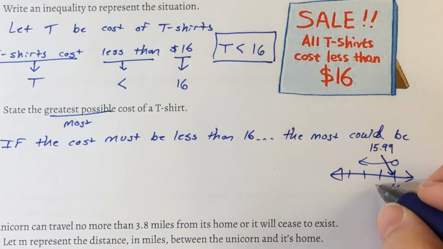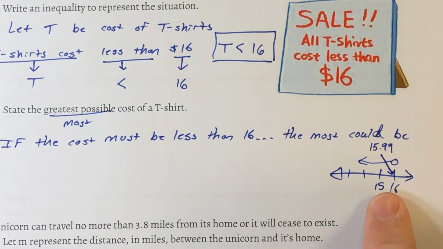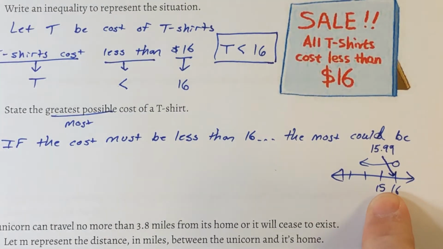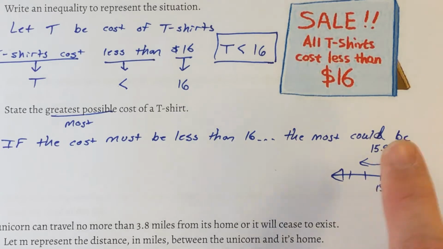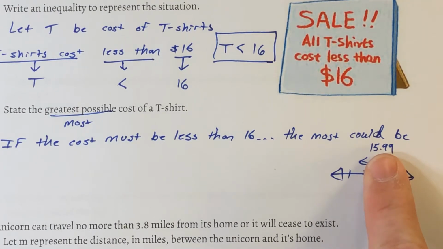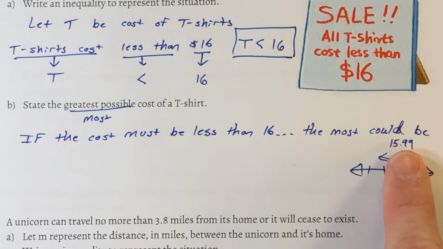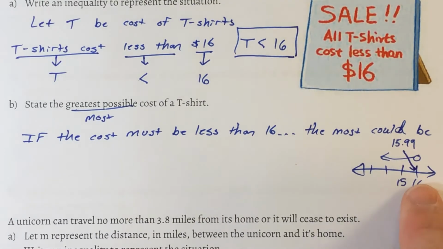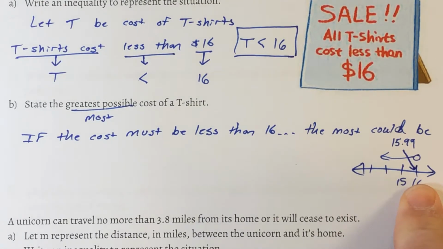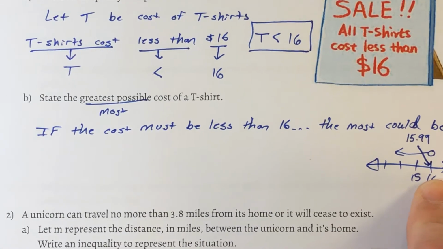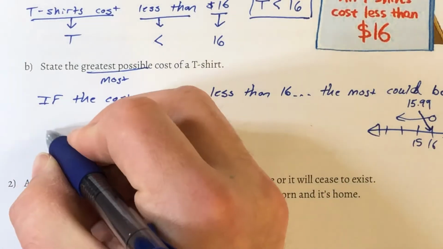Why do I not go with 15? Well, money doesn't have to be a whole number. You're not going to sell something for just $15 or $16 or $14 or $13. You can have pennies and all of that. So we can go right up as close to 16 as possible. So $15.99 would be a reasonable amount of money to pay, and it's as high as you can get before getting to $16. So that's going to be our answer.